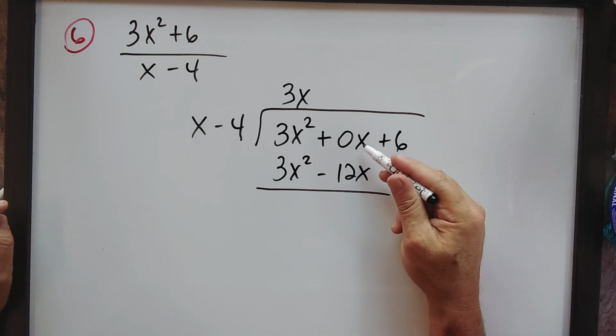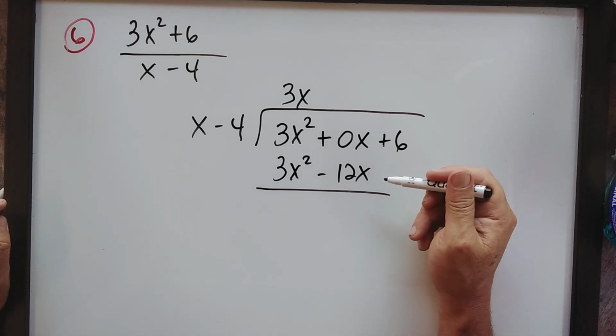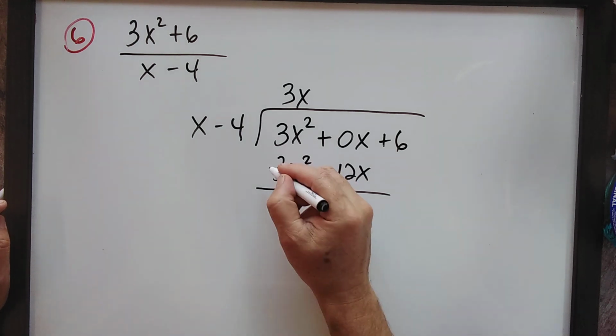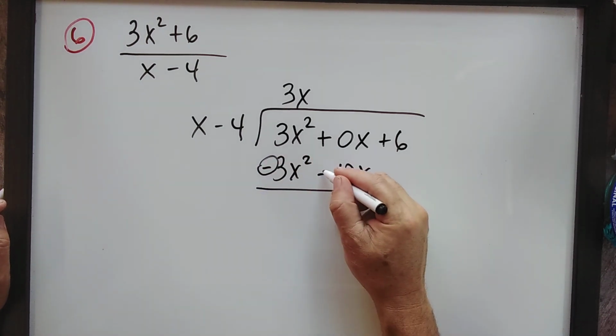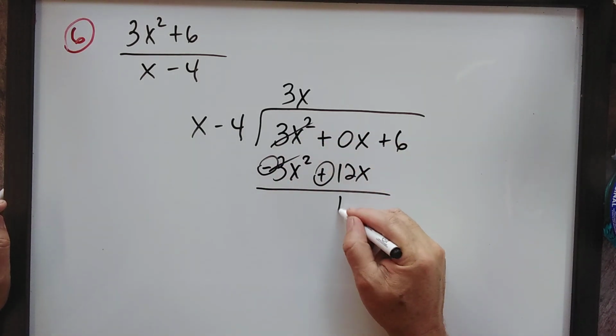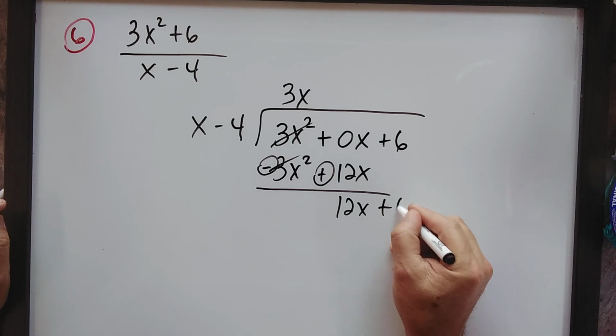So you must put the 0x there. So let's subtract now. Goes to negative. This one goes to positive. That cancels out. 0 plus 12 is 12x plus 6.